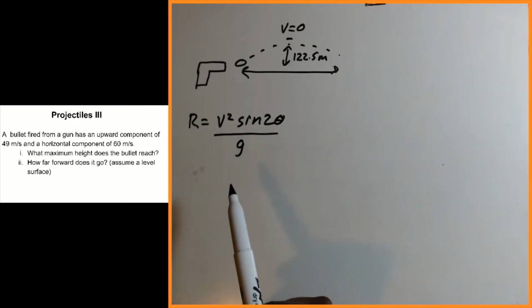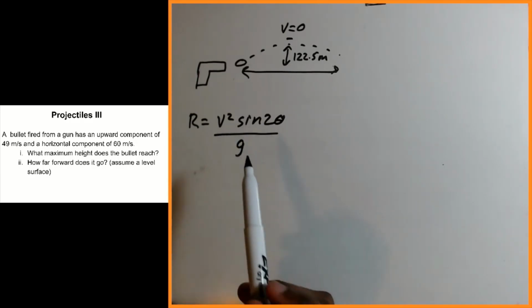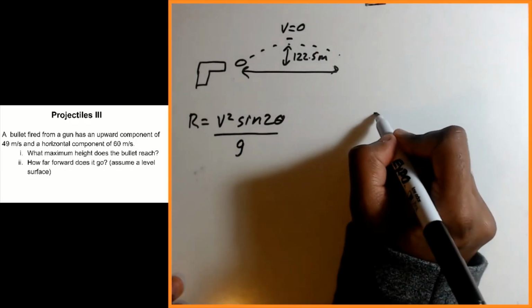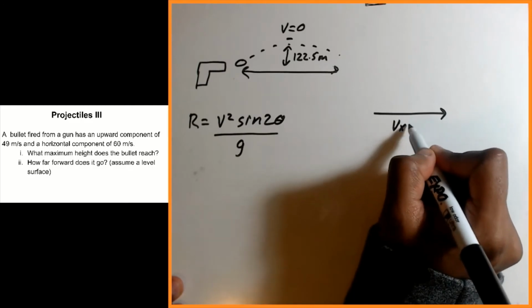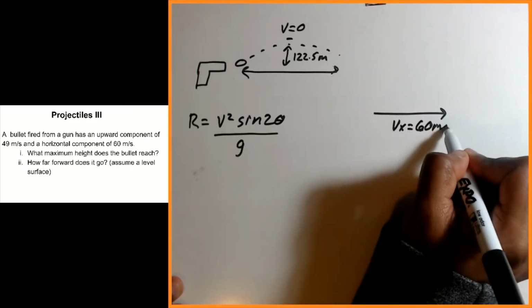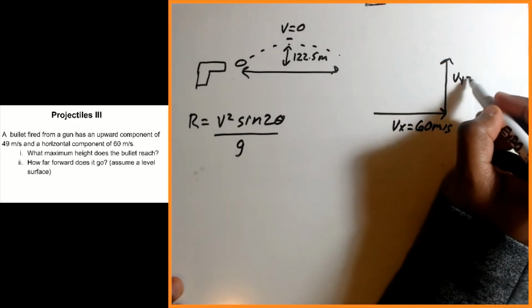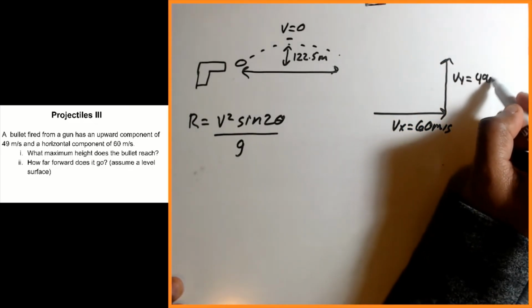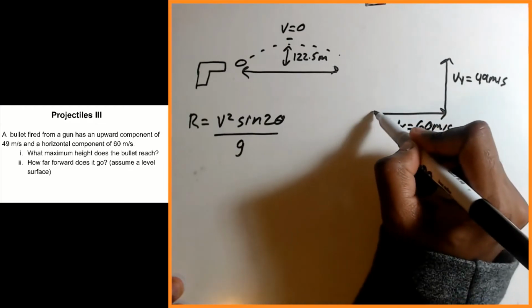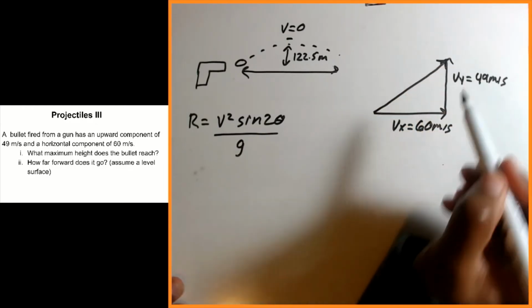But those are easily found because we are given the components of the velocity. We're given Vx, which is equal to 60 meters per second, and Vy, which is equal to 49 meters per second.